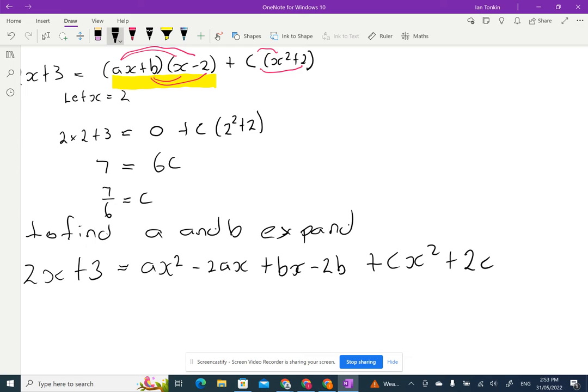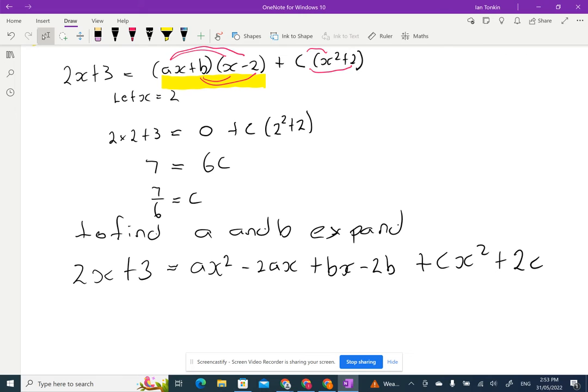And now I'm going to collect all my coefficients and like terms, because I'm going to equate coefficients with 2x plus 3. Well, let's grab all the x squareds. I've got an ax squared here and a cx squared there, so I'll grab those two, and I'll write that as a plus c, x squared. And they're all my x squareds.